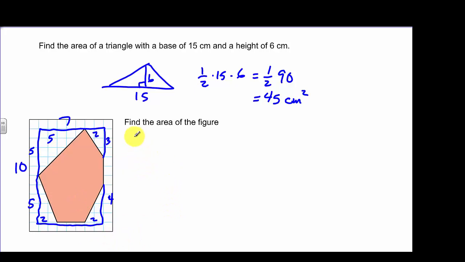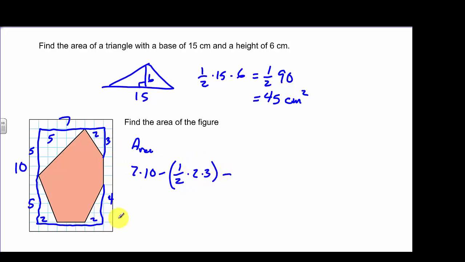My overall area is 70, because that's length times width. So area of rectangle is 7 times 10, but I'm going to subtract out each triangular area. Let's start with this one. That's half of 2 times 3.